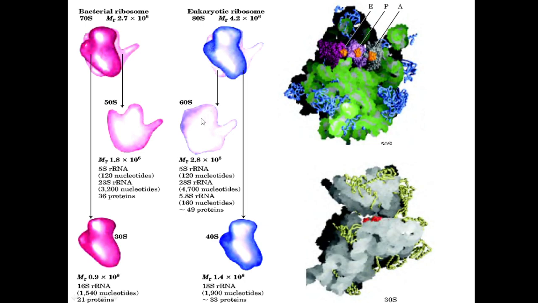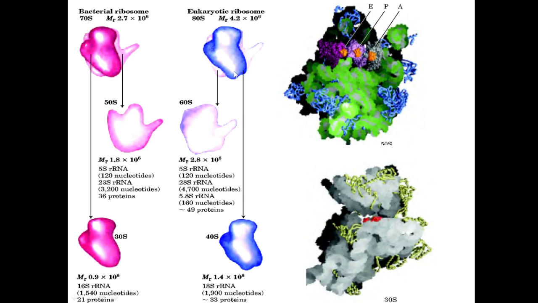The 80S ribosome consists of 60S and 40S subunits, and is somewhat more complex: 28S ribosomal RNA in the big subunit and 18S ribosomal RNA in the small subunit, plus 49 proteins in the big subunit, 33 proteins in the small subunit, plus 5S rRNA and 5.8S rRNA. These are functional short RNAs.